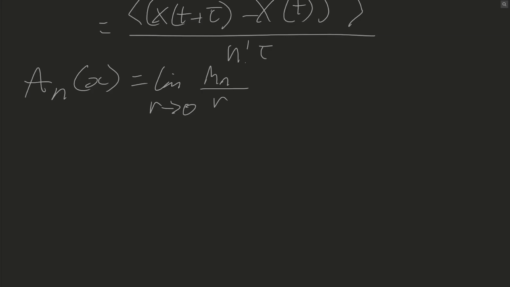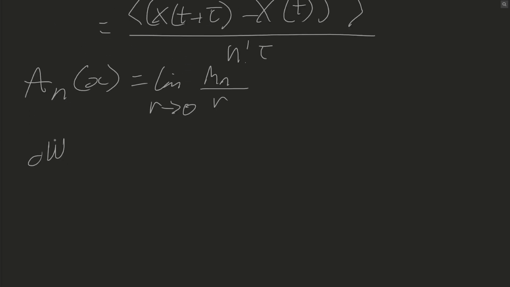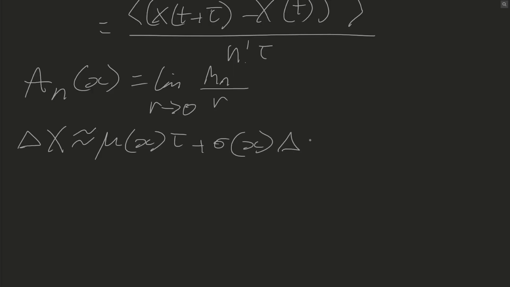So the next thing that we want to do is the diffusion limit. What we're going to do is take a diffusion process driven by some Brownian motion, dW_t, and we can evaluate this in x terms. So this change in x is roughly equal to mu of x tau plus sigma of x change in W of t.